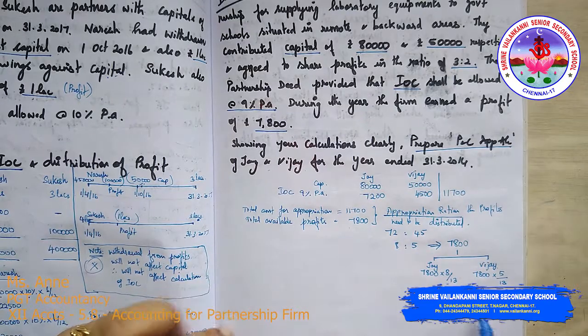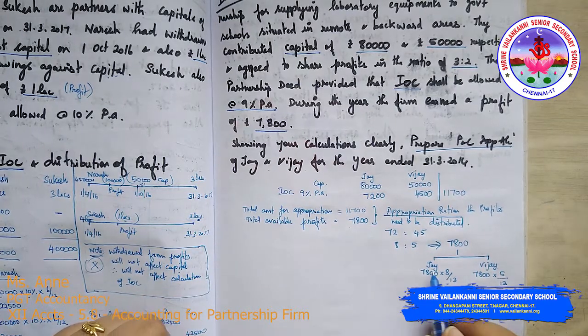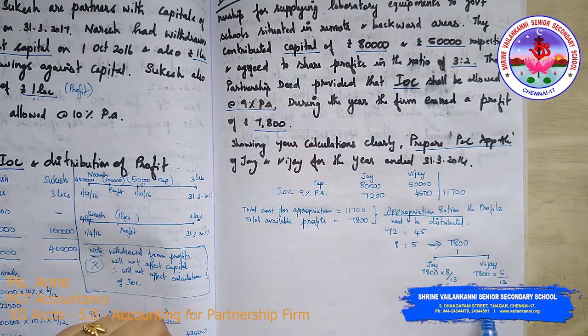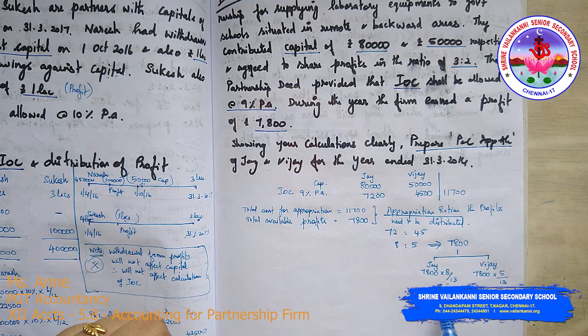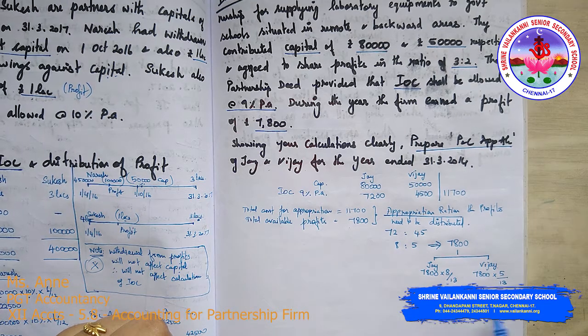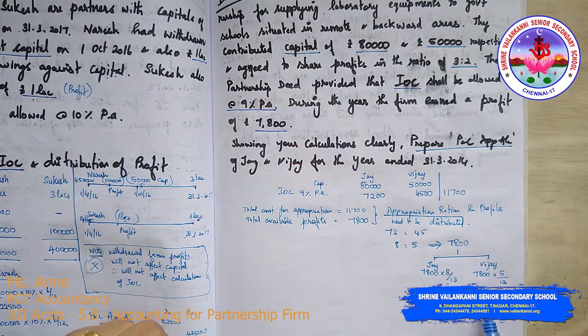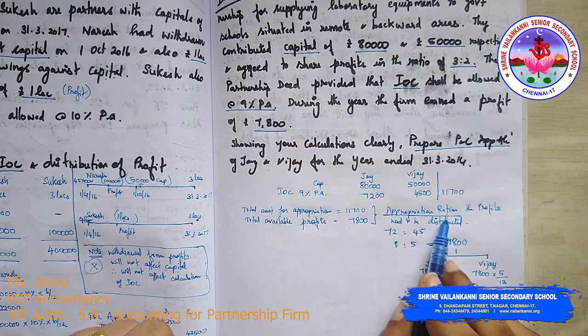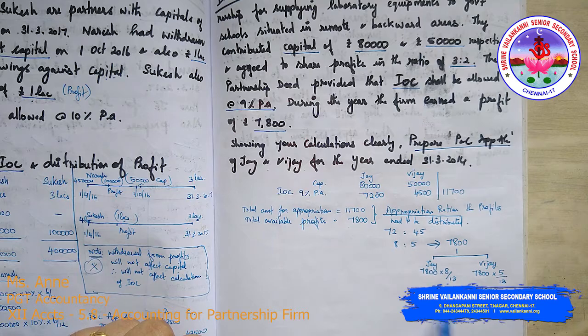I have calculated this. J has to get 4,800, and Vijay has to get 3,000. As per what ratio? As per the appropriation ratio, the profit is being segregated. I'm sorry, not interest on capital, the profit is segregated.